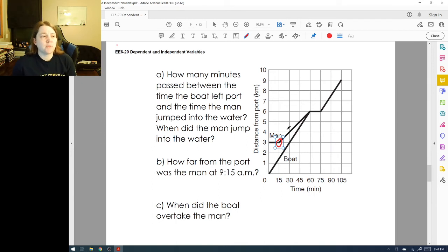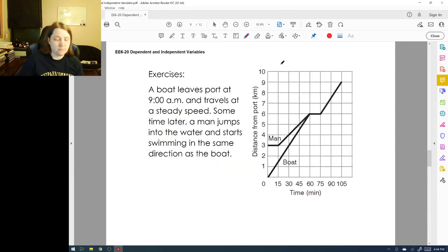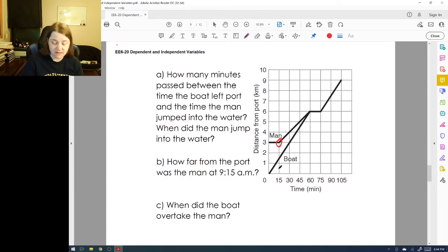How far from the port was the man at 9:15 a.m.? Well, remember that the boat left port at 9 o'clock. So at 9:15, 15 minutes after 9 o'clock, the man was 3 kilometers from port.